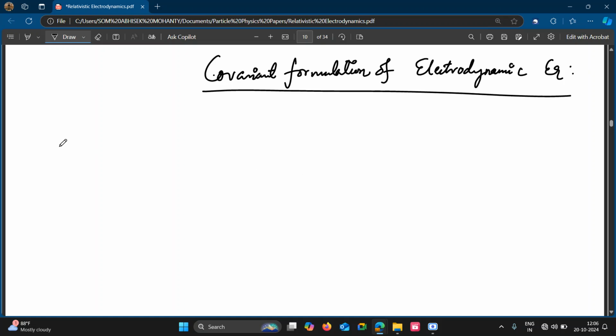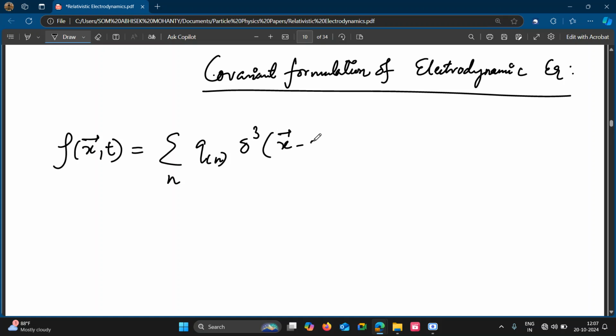So first of all, I will write the three-dimensional charge density and current density expressions. So this will be rho of x, t equal to the summation over n of qn delta cubed of x minus xn(t).